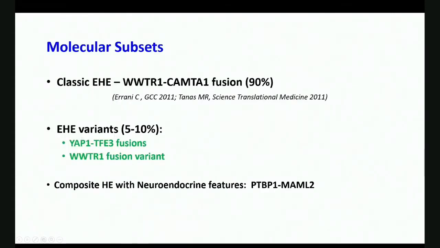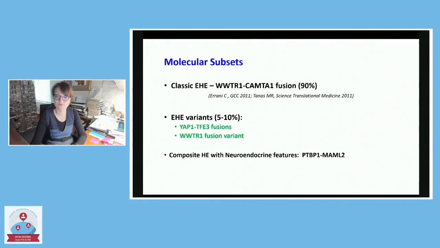Most of what I covered so far relates to classic EHE, characterized by WWTR1-CAMTA1 fusion, which was reported in 2011 by two back-to-back papers from Brian Rubin and our group, respectively.